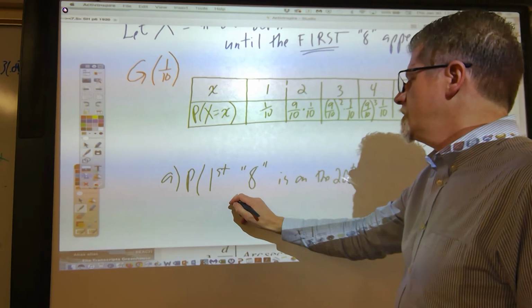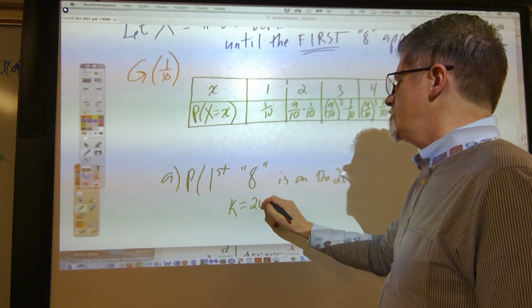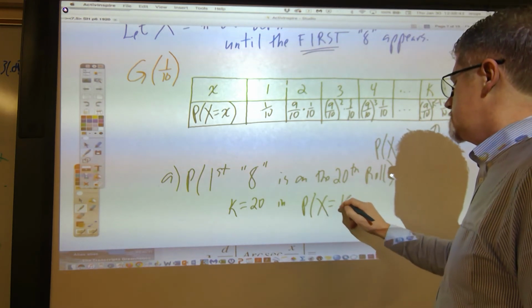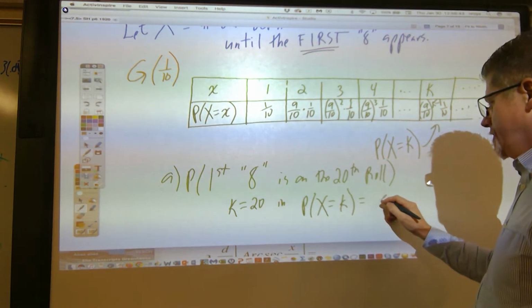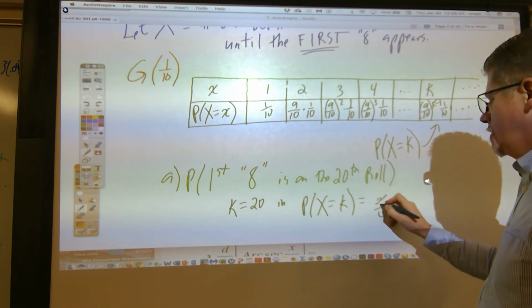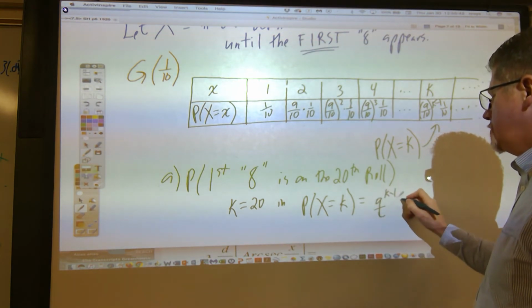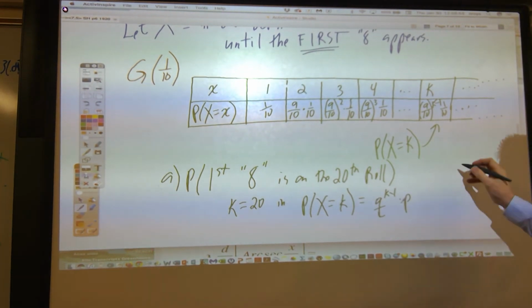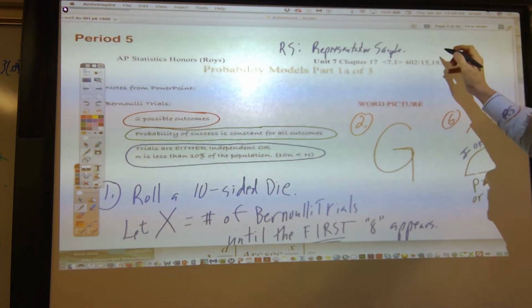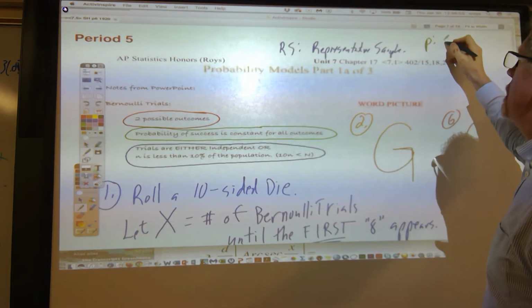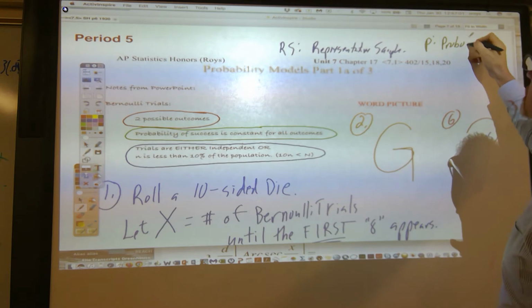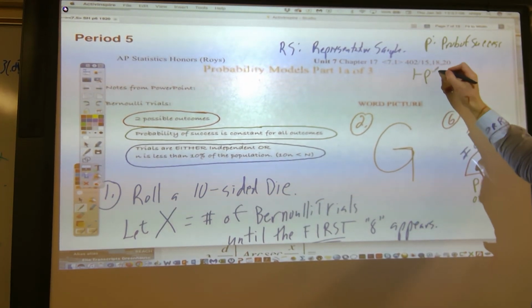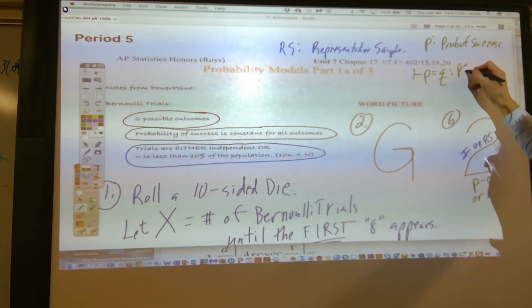Basically you're looking at k equal to 20, and the probability that capital X equals k is q to the k minus 1 times p, where q is always the probability of failure. Lowercase p is the probability of success. 1 minus p equals q, the probability of failure.